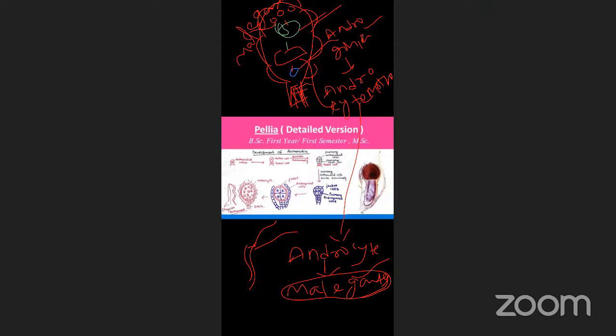Archegonia. Right. Tell me the general information about Archegonia. Archegonia has neck canal cells, ventral canal cells, and an egg cell. Archegonia is flask shaped.